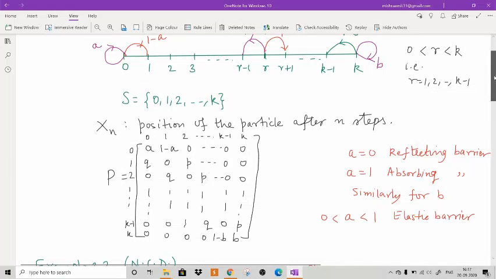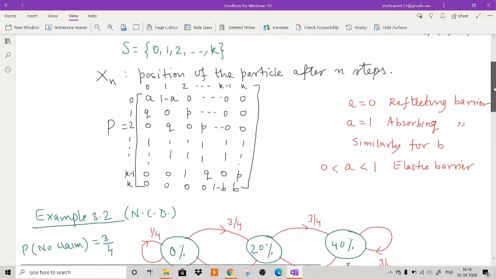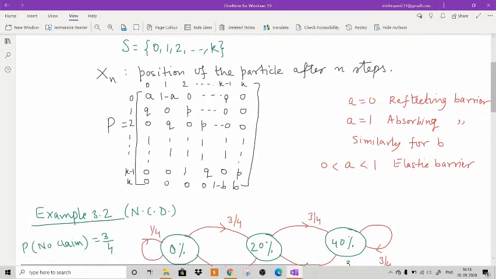So we can easily write down the transition probability matrix. Now, there are some special cases. If a is 0, you cannot move from 0 to 0, that means you have to move from 0 to 1. This is known as a reflecting barrier, because you cannot remain there at 0.